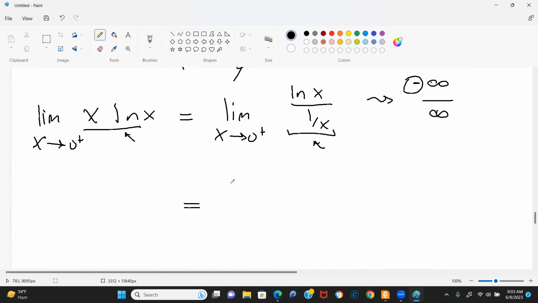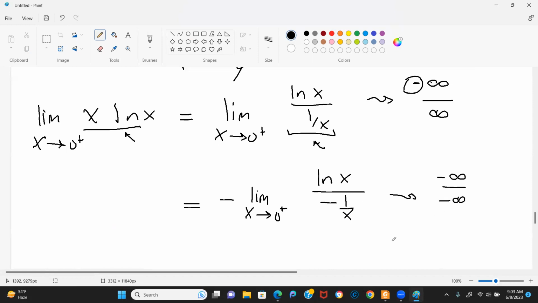We'll just insert a negative, and we get negative infinity over infinity. Or you could have put the negative up here, maybe I'll do that actually. It doesn't really matter. This will ensure that we get infinity over infinity if you don't like thinking about negative infinity.